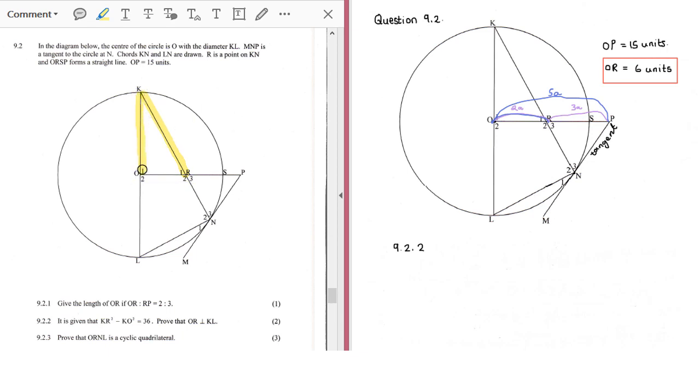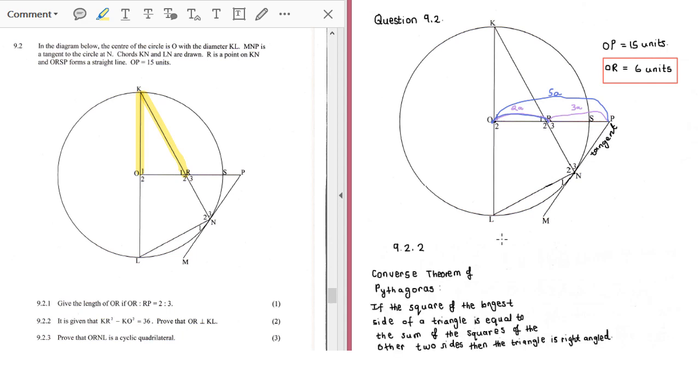So if we want to prove that OR is perpendicular to that diameter, obviously that can happen if the theorem of Pythagoras holds in here. So we're going to be using the theorem of Pythagoras in reverse, or in other words, the converse of the theorem of Pythagoras. Let's just note what that theorem says quickly.